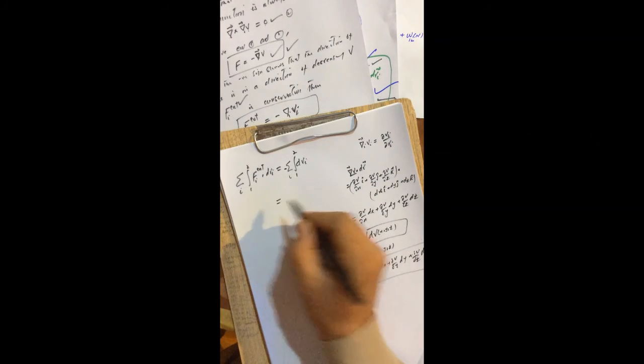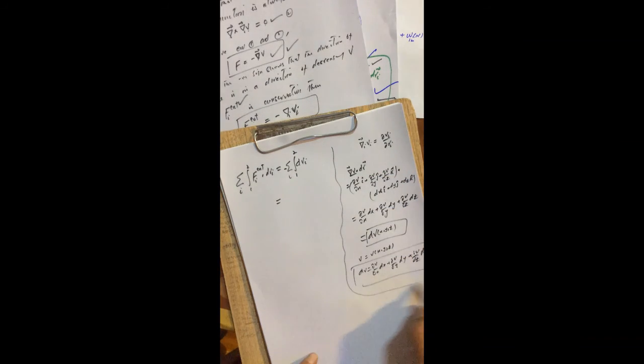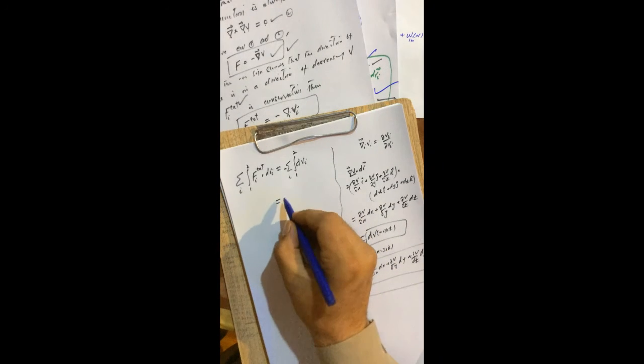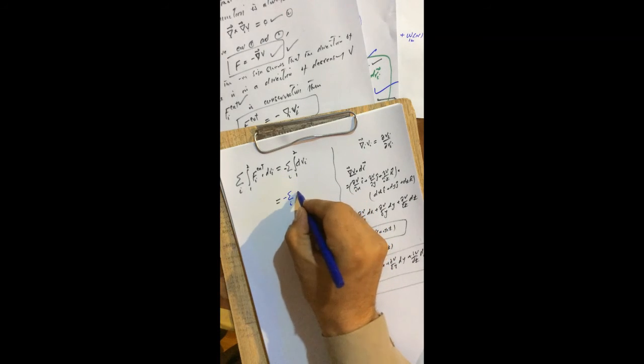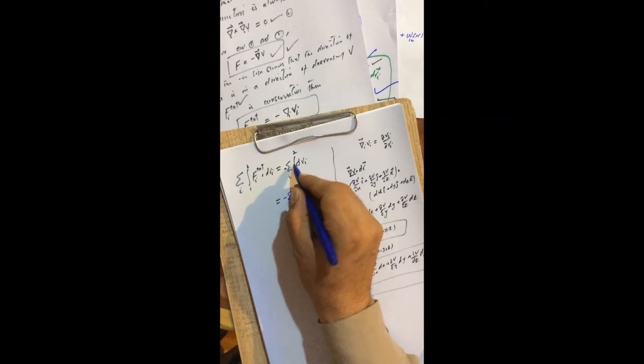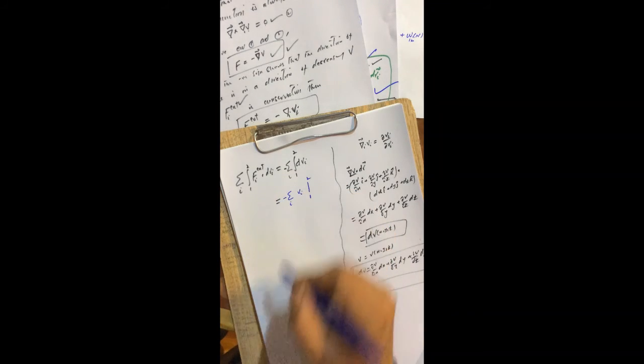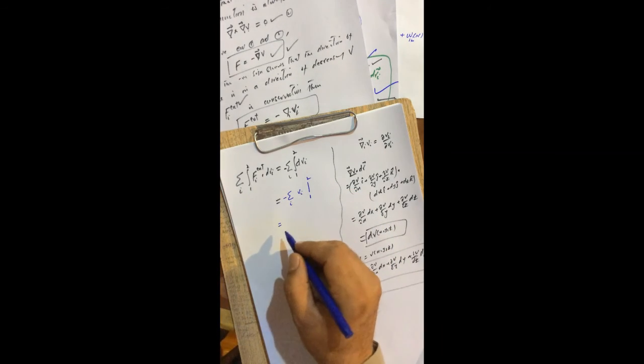Now this can be written as minus sum over i. If I integrate dV_i, we get V_i, and the limit of the integral is from 1 to 2.